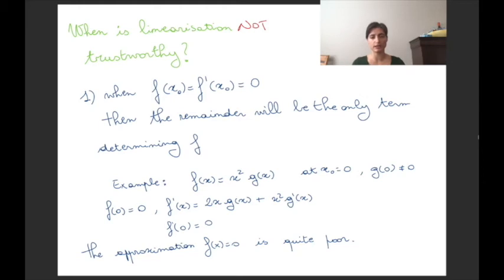We are studying x0 equal to 0, and we know that g of 0 is different than 0. But the value of f at 0 is 0, and the value of the derivative of f at 0 is also 0. The linearization would just say that f of x is equal to 0. But this is a pretty poor approximation, especially if g of x is interesting. So we're definitely not doing a good job. By the way, g of x in this case could just be a constant.